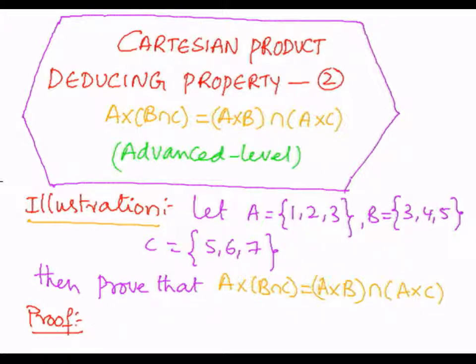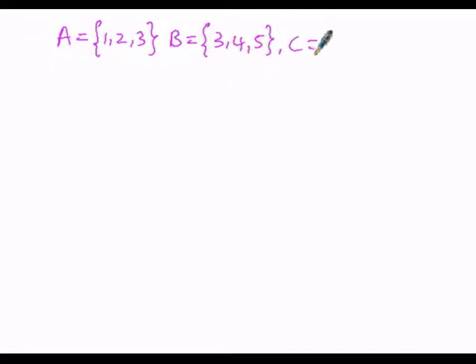So in our proof, as per the problem, set A is 1, 2, 3, and set B elements are 3, 4, 5, and set C elements are 5, 6, 7.